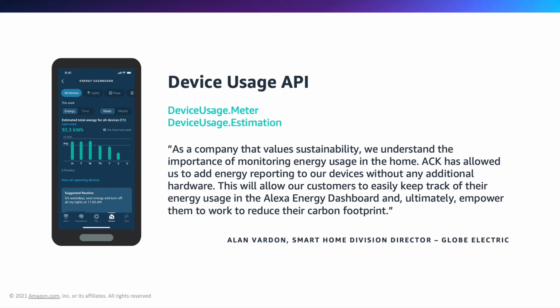There's also Device Usage Estimation API, where developers can lean on Alexa to estimate device power consumption based on the device operation, when device is on or off, or, for example, brightness of the light. And that requires no additional hardware or firmware change. Our partners are already integrating this feature to their ACK devices, allowing customers to track the power consumption and empowering them to work to reduce their carbon footprint.